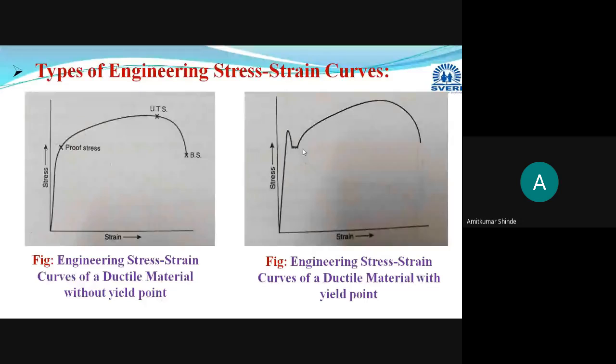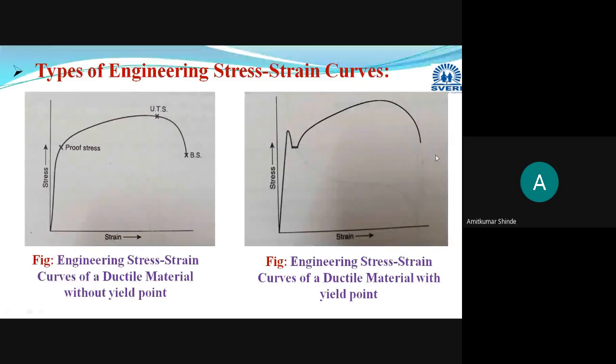Okay, then here one more point will be there. This is the ultimate tensile stress, the maximum stress that material can carry without failure. And here at this end point, this is the breaking stress or fracture stress. At that particular stress value the material will break or fail, and that will be termed as the breaking stress or failure stress, or fracture stress.